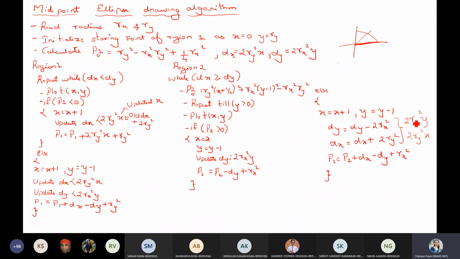If you are not comfortable with this, just multiply, you will get the same result. Then the new equation for decision parameter will be P2 is equal to P2 plus dx minus dy plus rx square. So you will reach the end when your y is equal to 0.